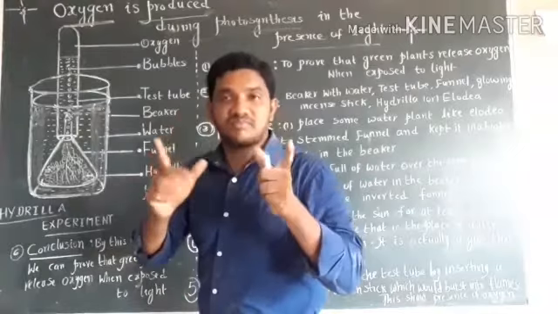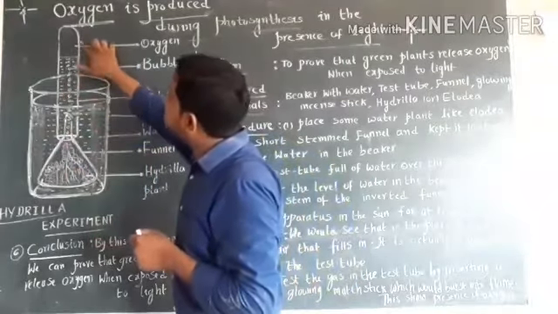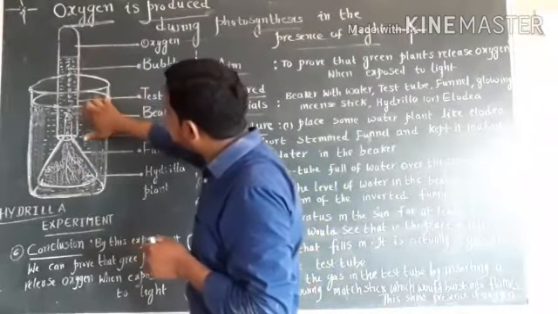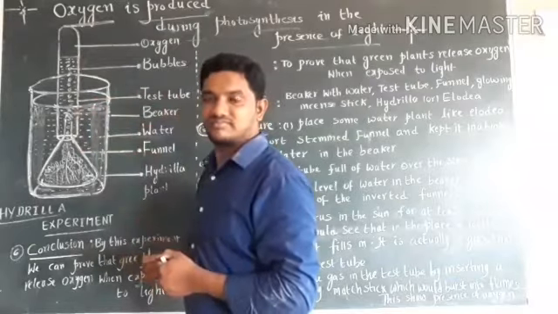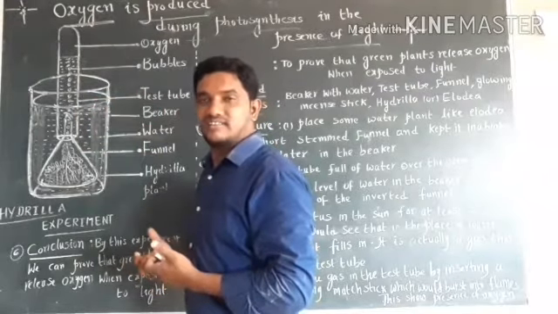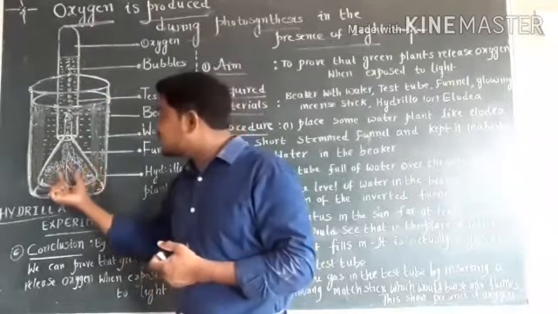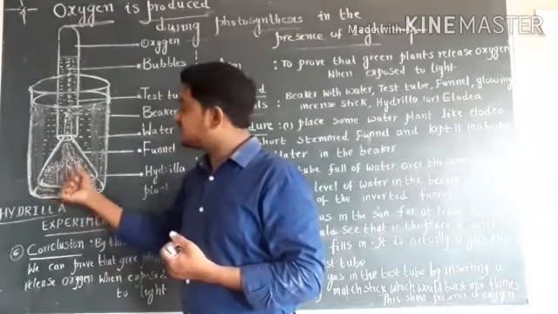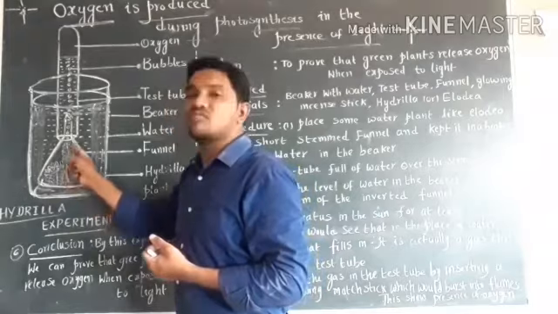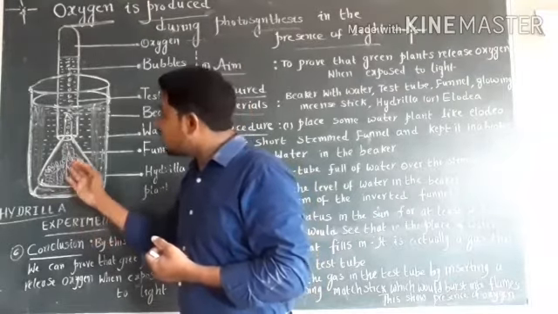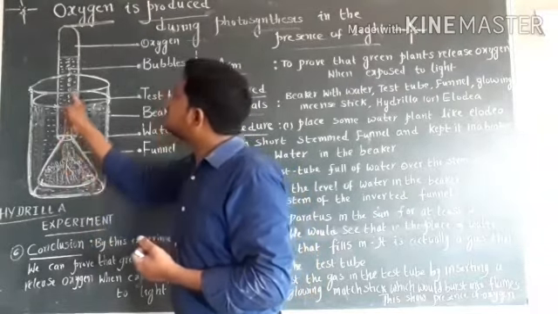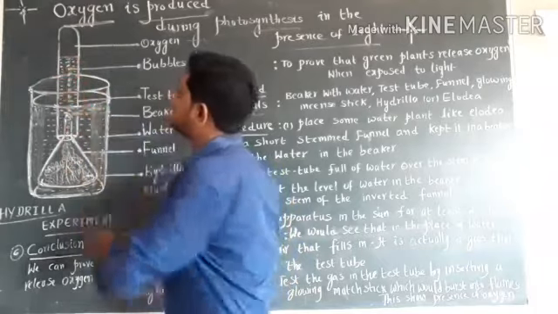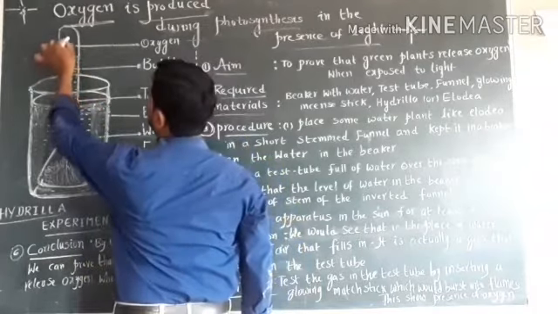Then we observe the level of water decreases in the test tube, because the gas released by the hydrilla plants collects there. During photosynthesis, oxygen is released. Here small bubbles are releasing at the end of the test tube. These are gas bubbles.